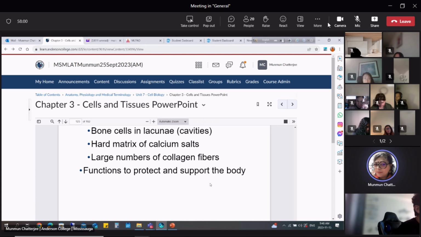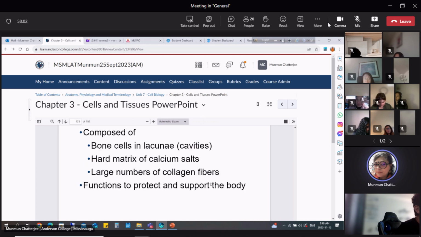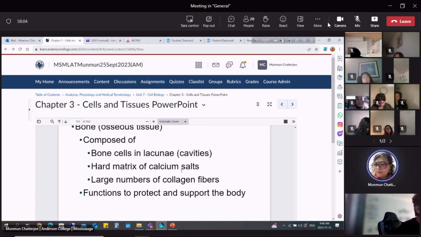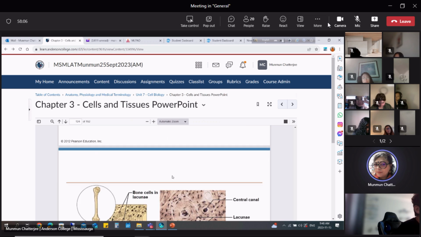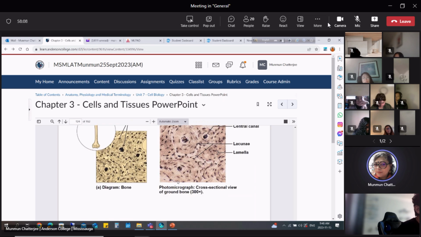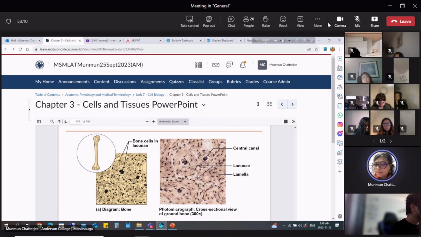Okay. So the functions are protect and support. Matrix: bone cells in the lacunae, hard matrix. So this has been done. See how the bone cells look. Each cell looks different under the microscope. So bone, when you do a tissue section, looks like this. These are the holes.